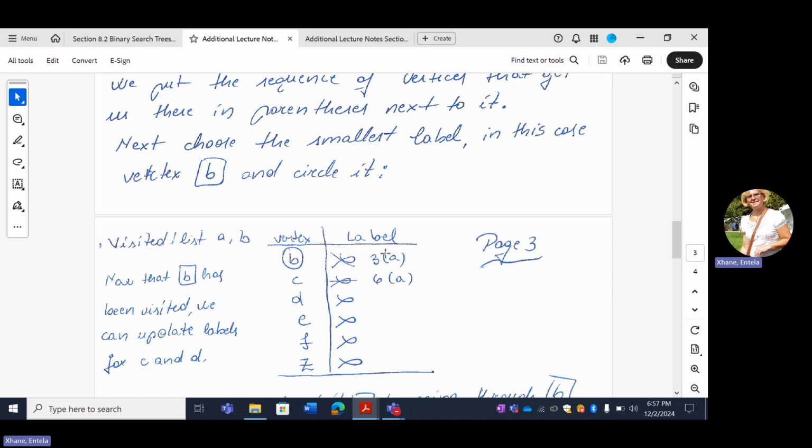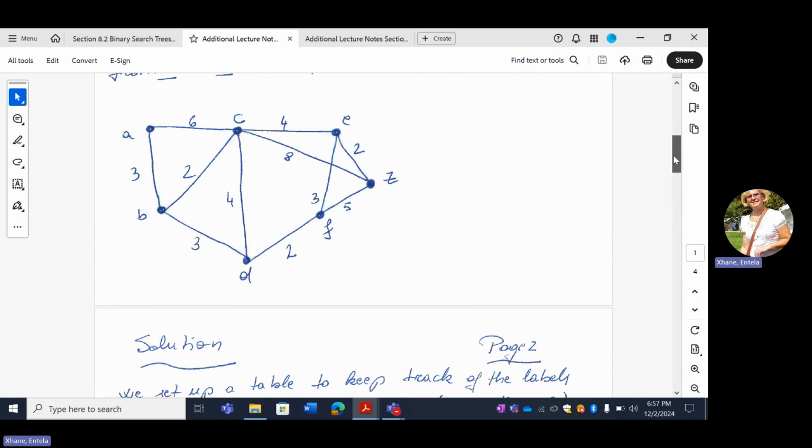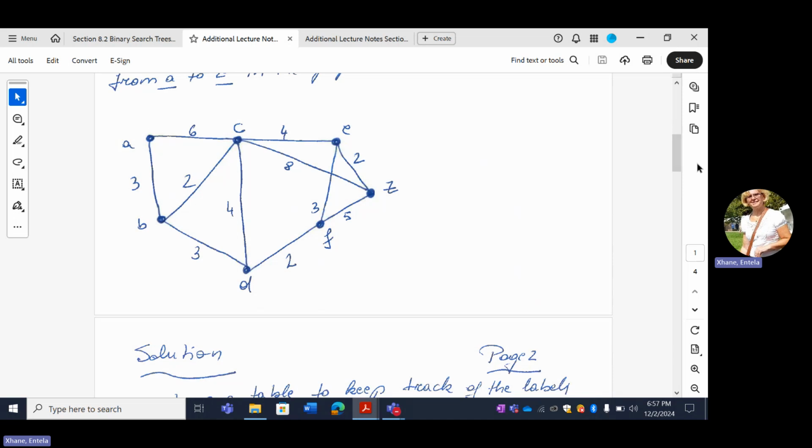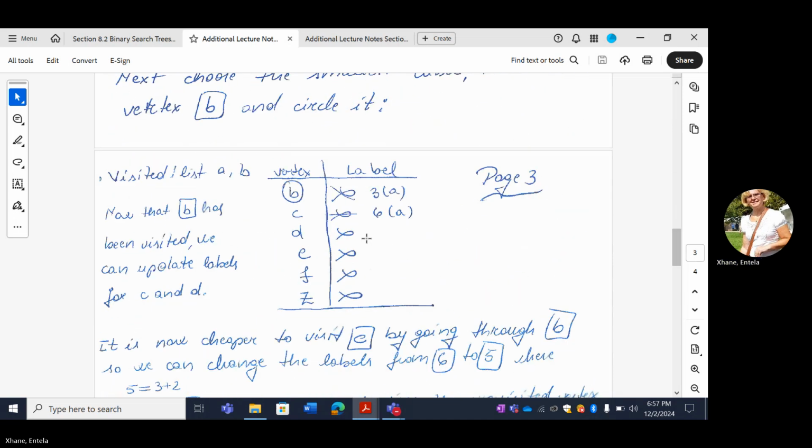So 3 represents the weight, or the cost, of traveling from A to B. But notice that I can also travel from A directly to C with a weight 6. So that means I'm going to say C, cross out the infinity, put the 6, which is the current weight between A and C. So 6 units from A.